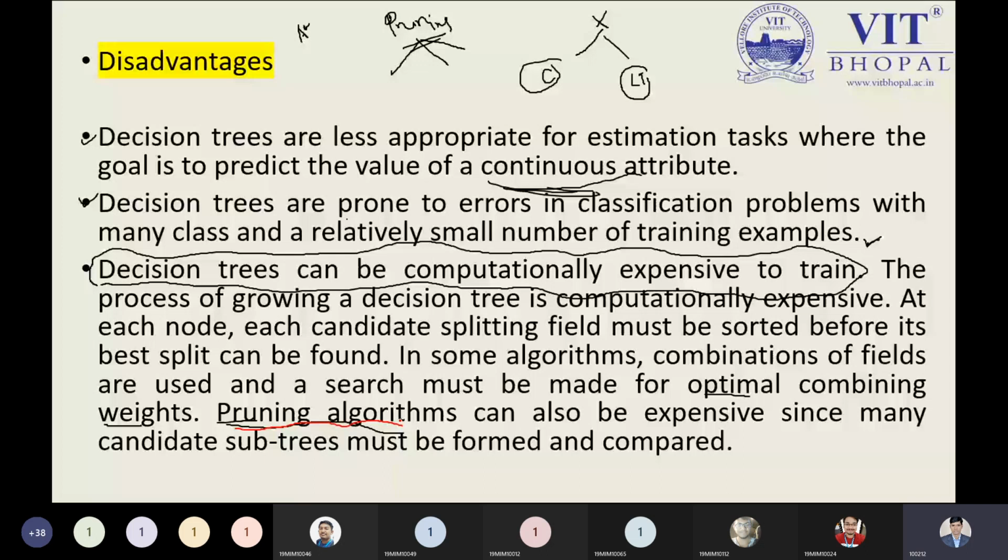What is the pruning algorithm? Suppose I have a problem where I need to choose a minimum value or a maximum value. When I need the minimum value I can choose min, and whenever I need the maximum value I can choose max. In your artificial intelligence subject, you have studied this algorithm known as the min-max algorithm.